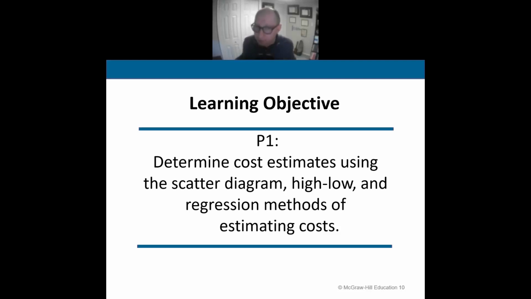I'm not going to dive too deep into the scatter diagram or regression analysis. That's too ridiculous for accounting. What is going to be important, though, from this part of the conversation is the high-low points, that's probably the only one I care about out of these three.